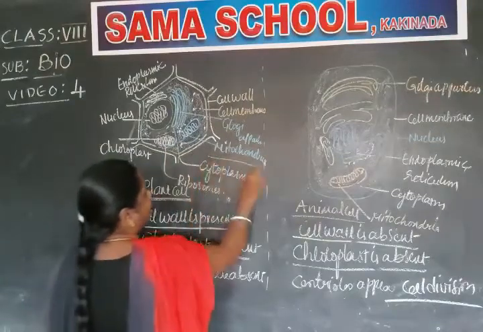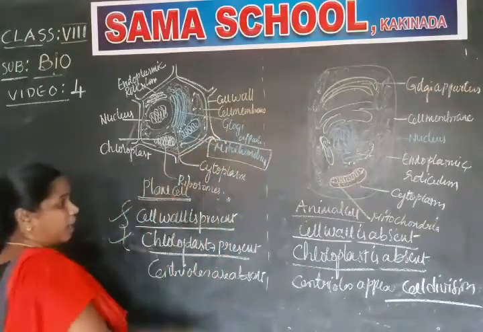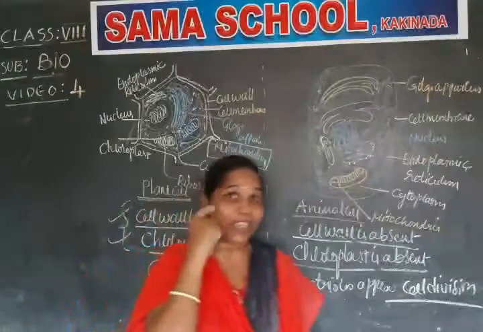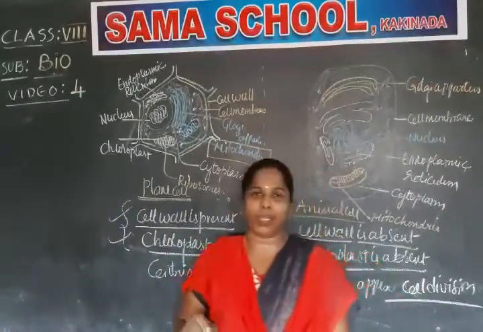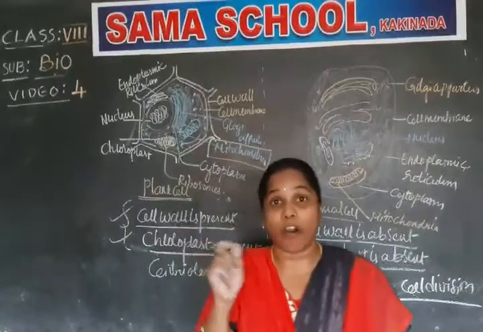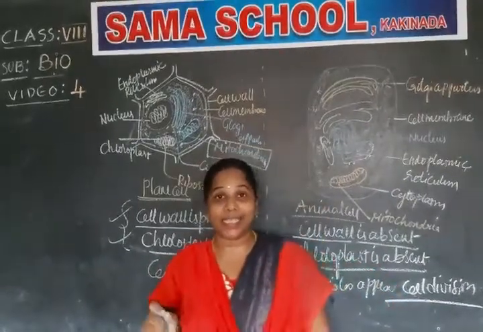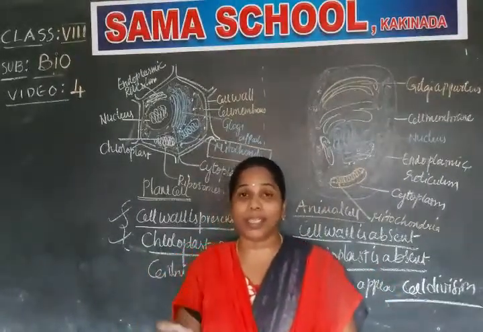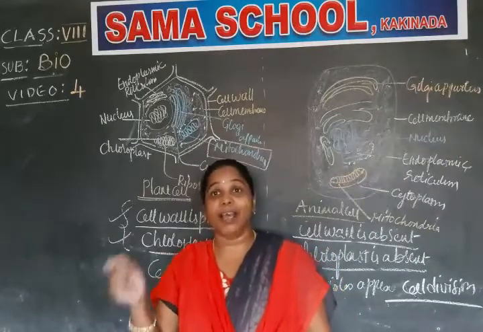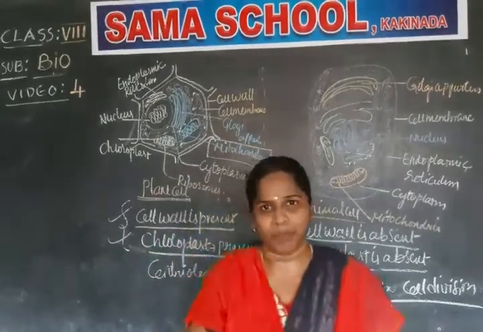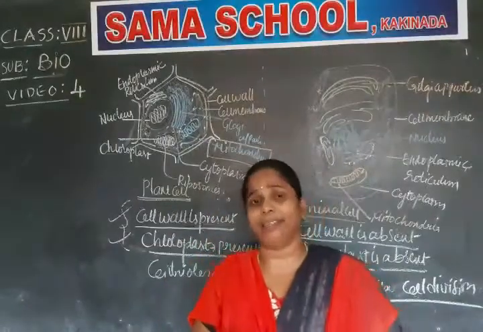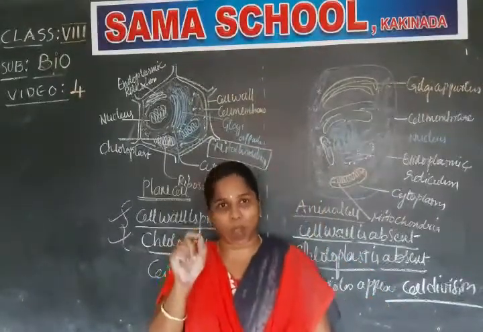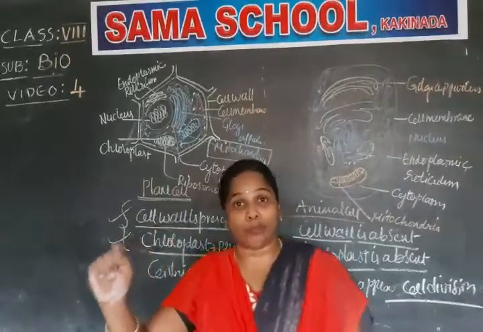They have asked one of the major things here: the major function of the cell organelles. What is the function of the nucleus? The nucleus controls all the cell organelles. That is the reason the nucleus is called the control room of the cell. Please everyone, keep in your mind when you are reading this topic that the nucleus is called the control room of the cell.